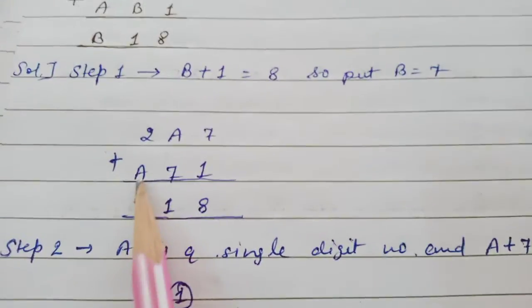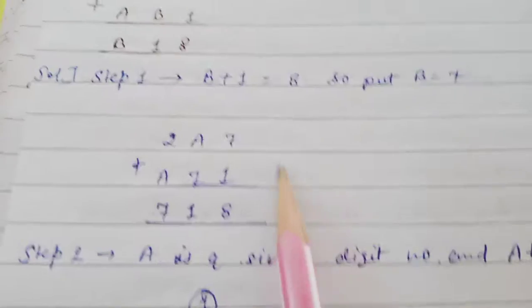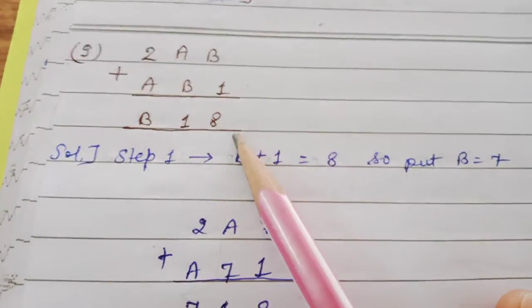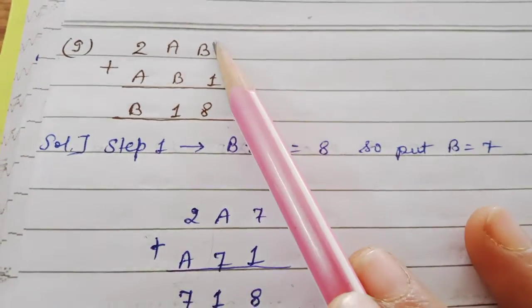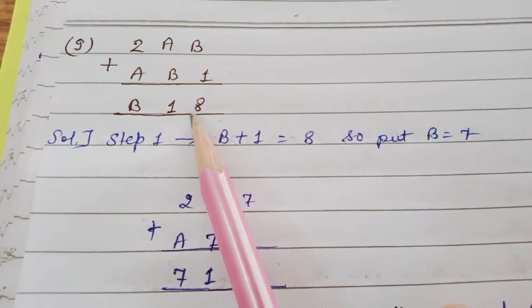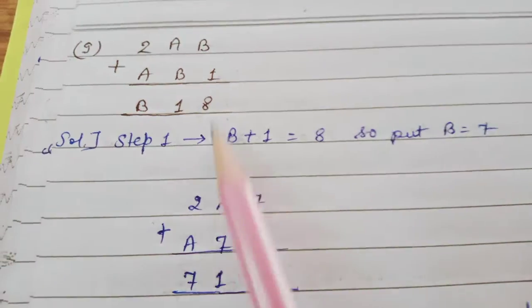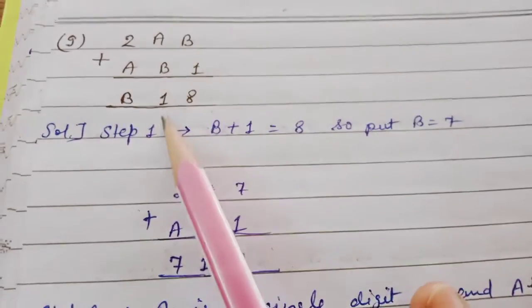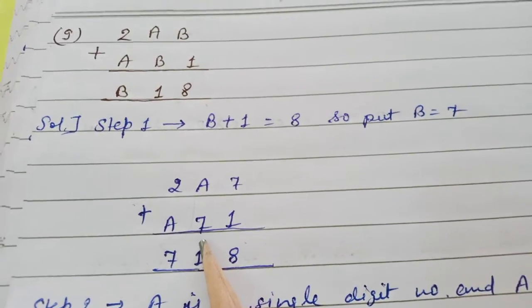Now question number 9, 2AB plus A71. In this, the first step is B plus 1 is equal to A. When B is equal to 7, 7 plus 1 is equal to 8. Now A plus B is equal to 1. The value of B is 7.